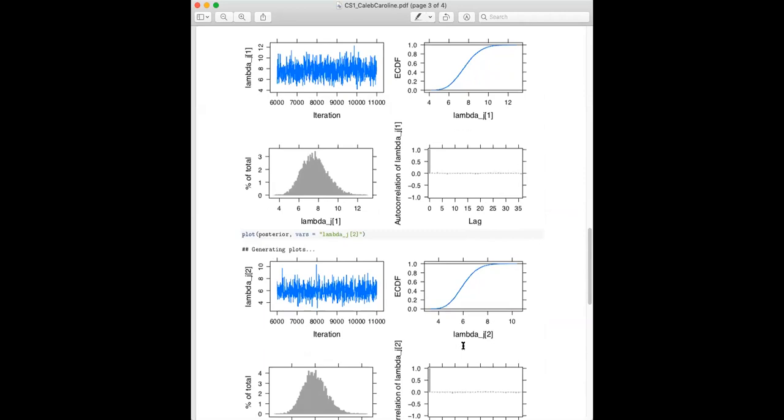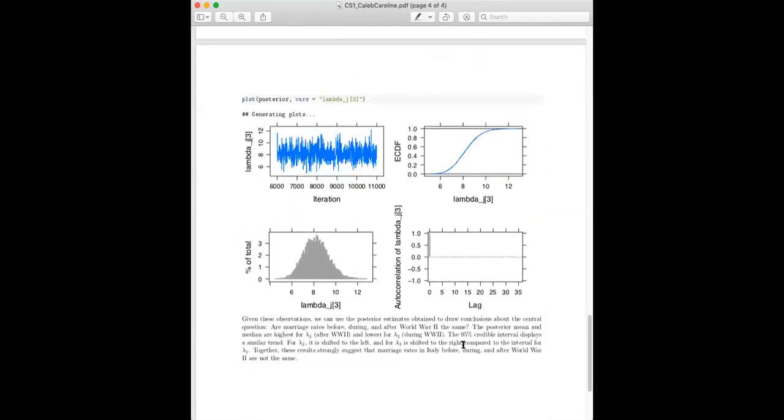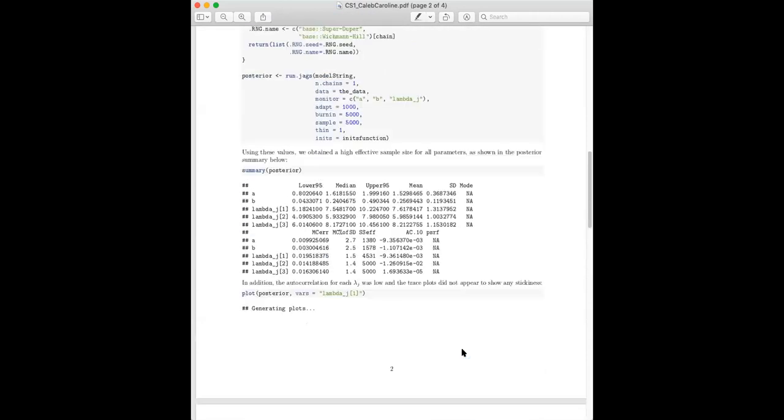So we felt like the chain did converge, and then we looked at the posterior summary, which is up above the trace plots. Because the mean and median for the 3 lambdas, the posterior estimates, were different, and the credible intervals were shifted, we concluded that the marriage counts had changed from before, during, and after World War II.